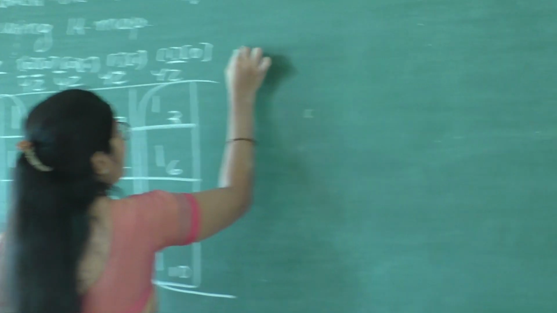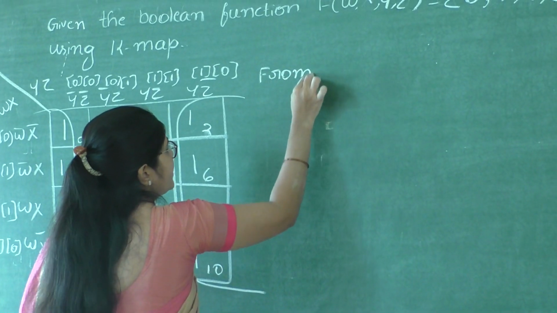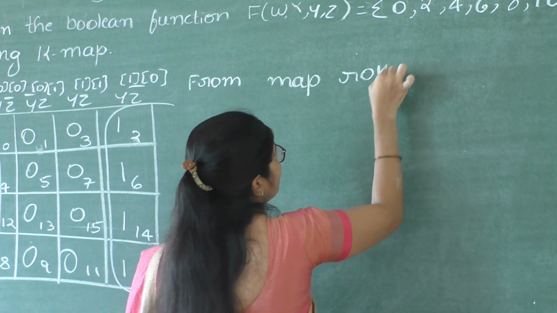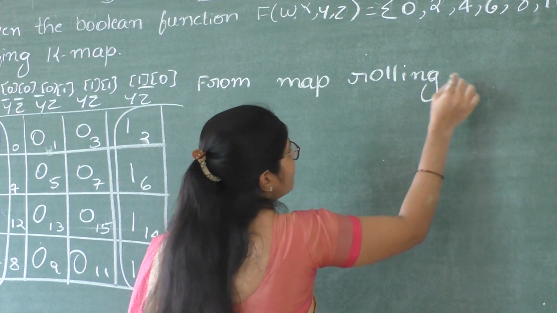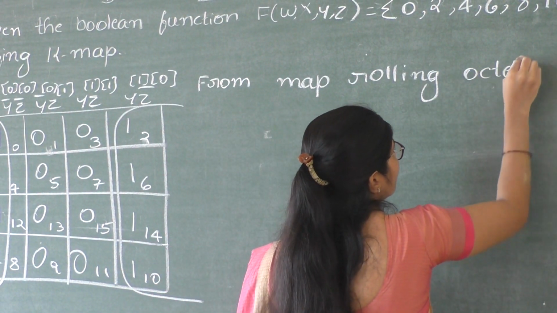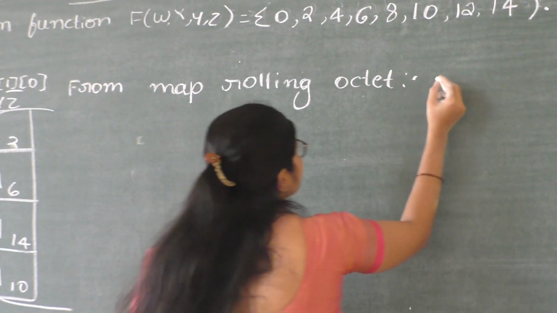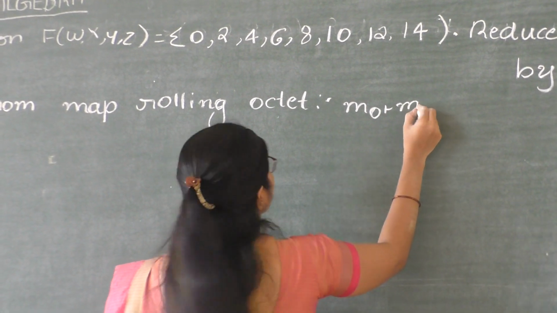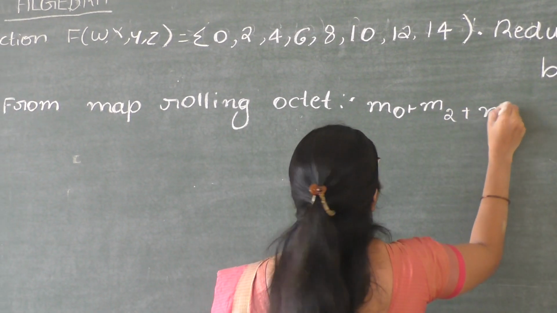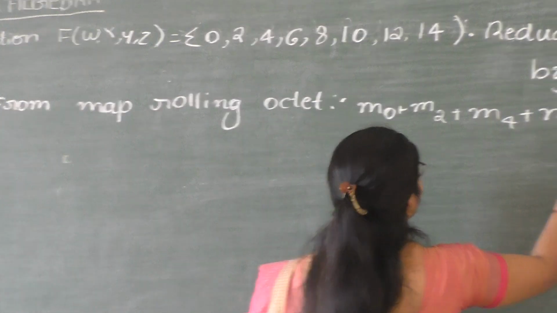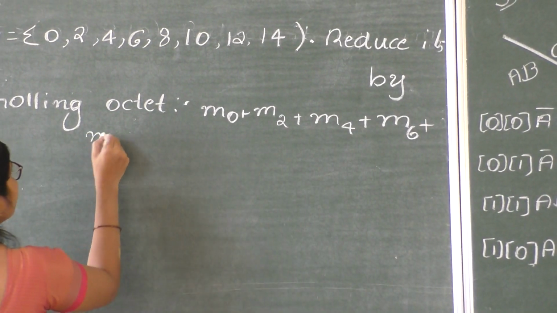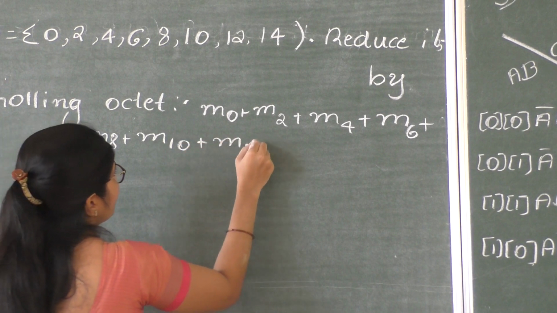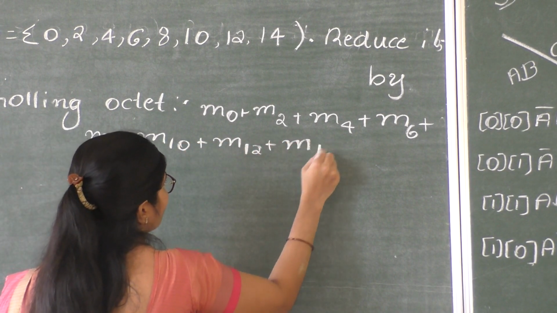From map rolling octet, that is by using M0 plus M2 plus M4 plus M6 plus M8 plus M10 plus M12 plus M14.